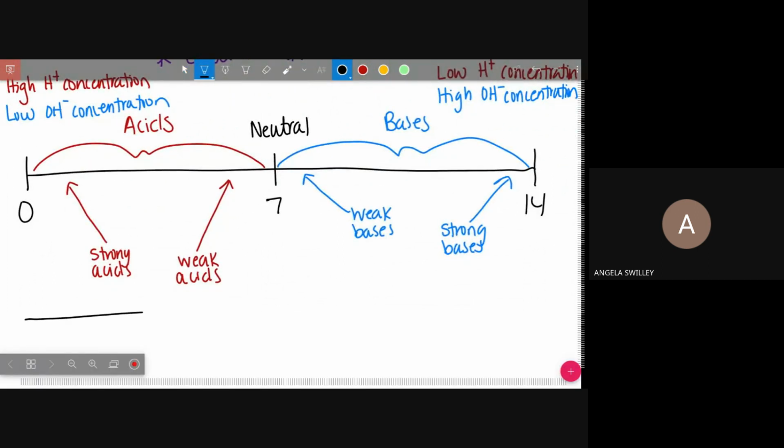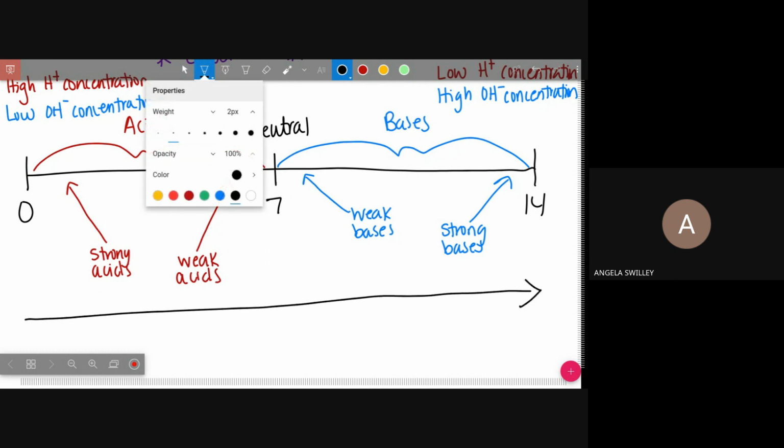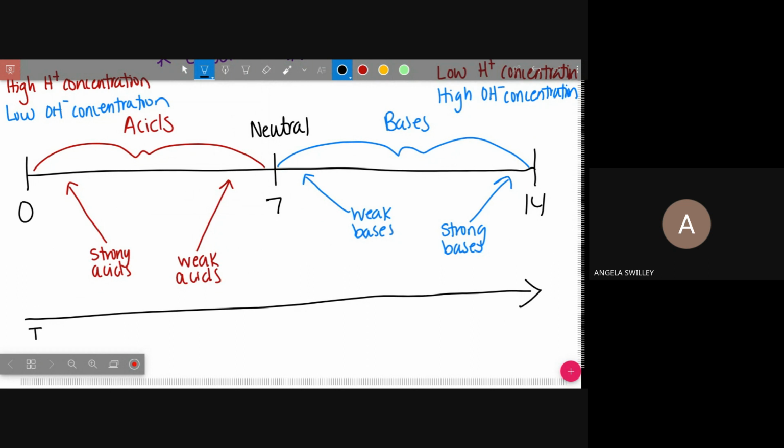So when we are moving 0 to 14, we are increasing hydroxide ion concentration and decreasing hydrogen ion concentration. And the opposite is true if we went from 14 to 0.